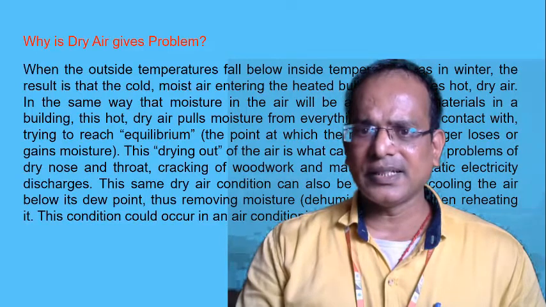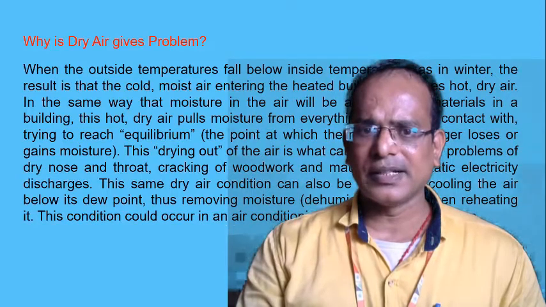So we can say that equilibrium is the point at which the material no longer loses or gains moisture. This drying out of air is what causes the familiar problems of dry nose and dry throat, cracking of lips, and it can also crack materials.